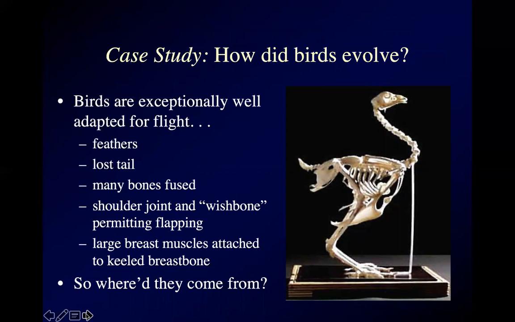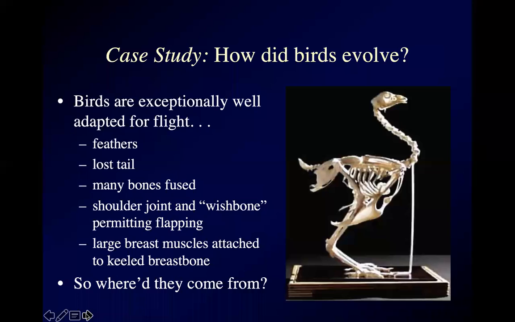So birds have feathers. The feathers not only keep them very warm, the flight feathers make for a very light but strong wing surface. So the feathers are what enable them to fly. Many bones in a bird are fused together, and that makes the skeleton very light. The bony tail is not present.